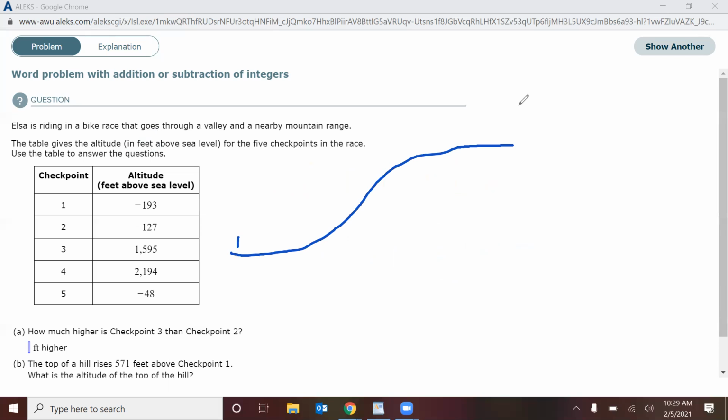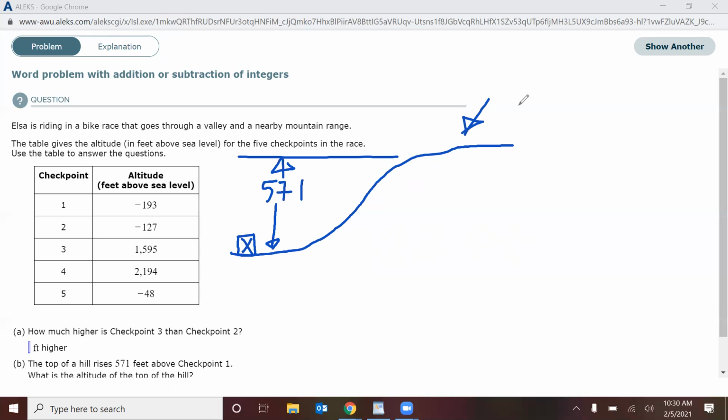If checkpoint 1 is down here at the bottom of the hill, and of course, this is the hill, then it says that whatever the altitude of checkpoint 1 is, this height right here is going to be 571 feet higher than checkpoint 1.